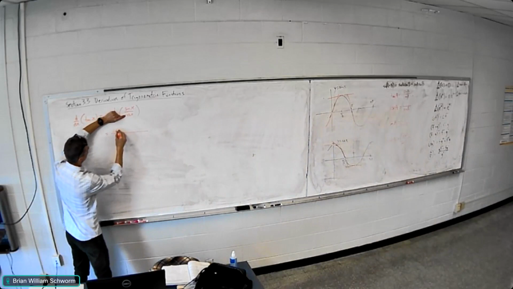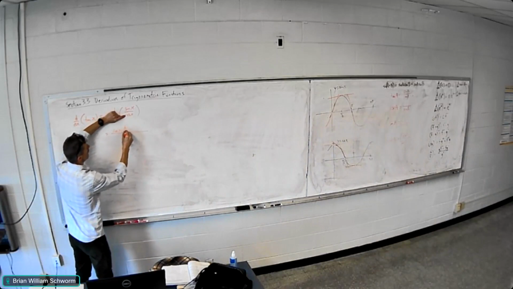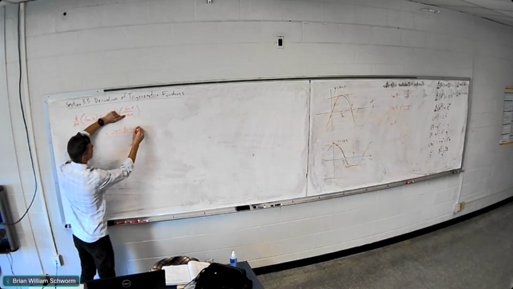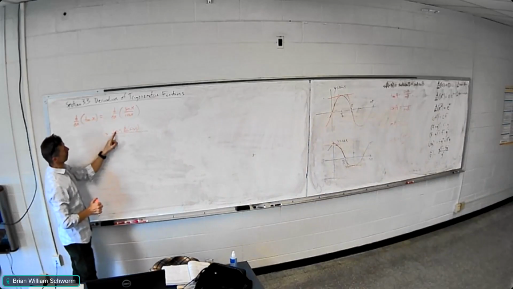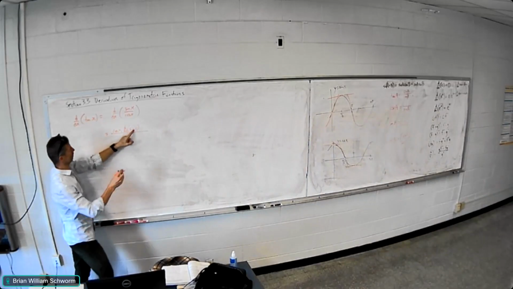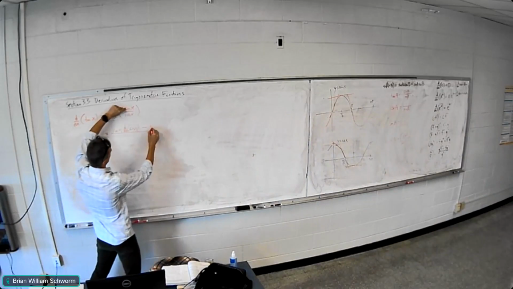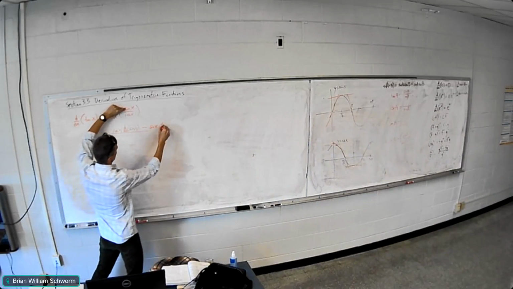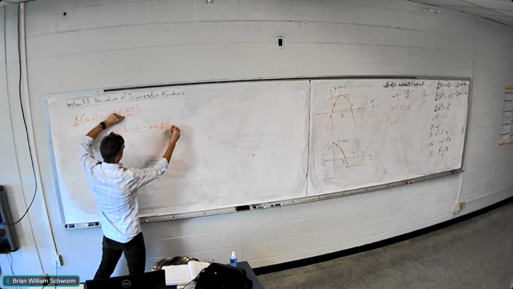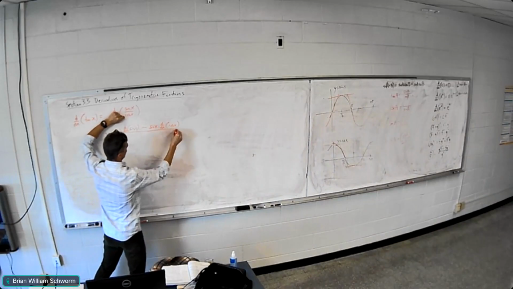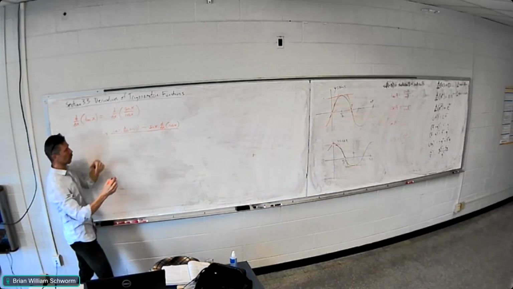Low d high, bottom times the derivative of the top. Low d high minus high d low, sine times the derivative of the bottom. And then all of that over the bottom squared.